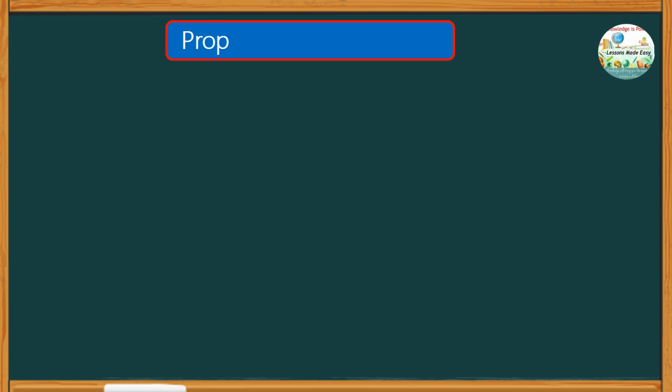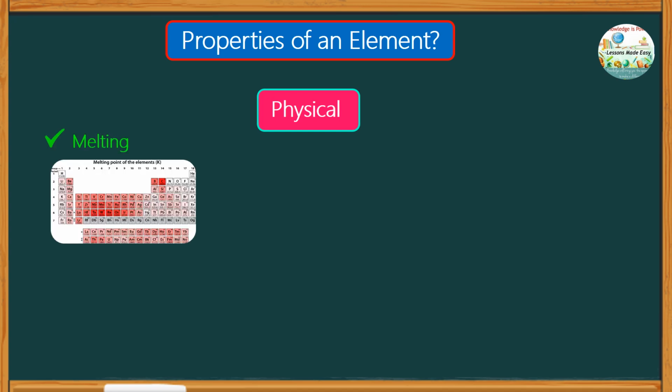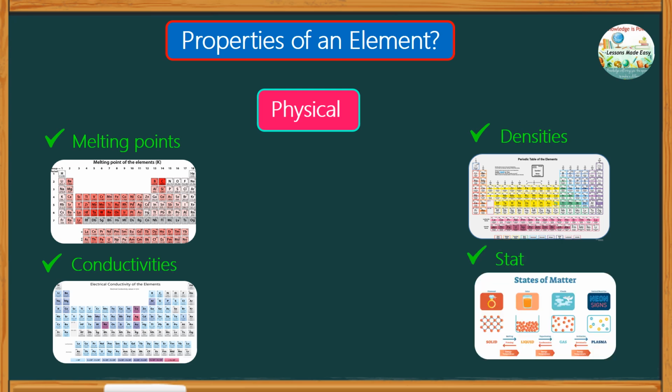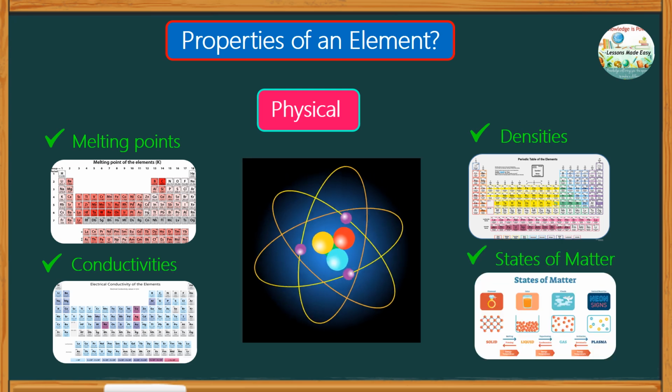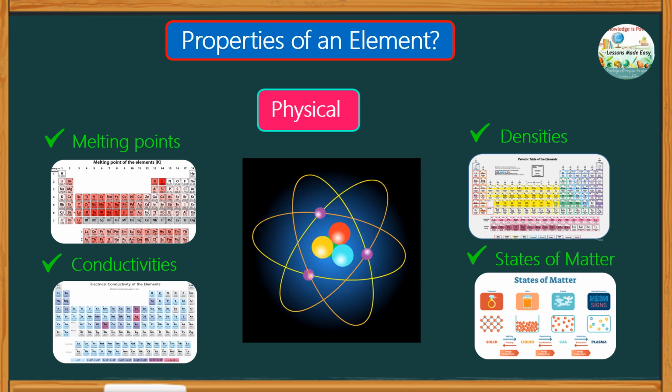Let's study the key properties of an element, starting with the physical properties. Elements exhibit distinct physical properties such as melting points, densities, conductivities, and states of matter at room temperature. Their properties are intrinsic to their atomic structure and bonding.